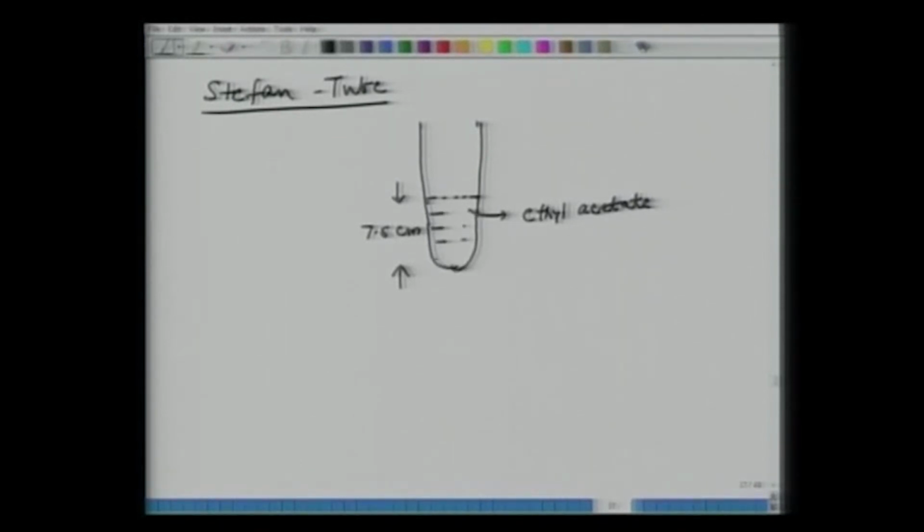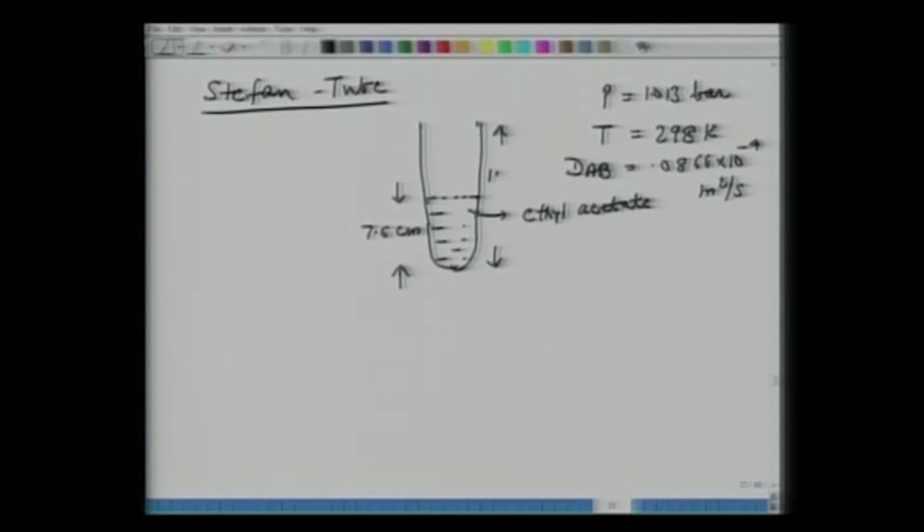Temperature and pressure are given: P is 1.013 bar. Temperature is given as 298 Kelvin. D_AB is given as 0.0866 times 10 to the power minus 4 meter square per second, and the total height of this tube is 15 centimeter.